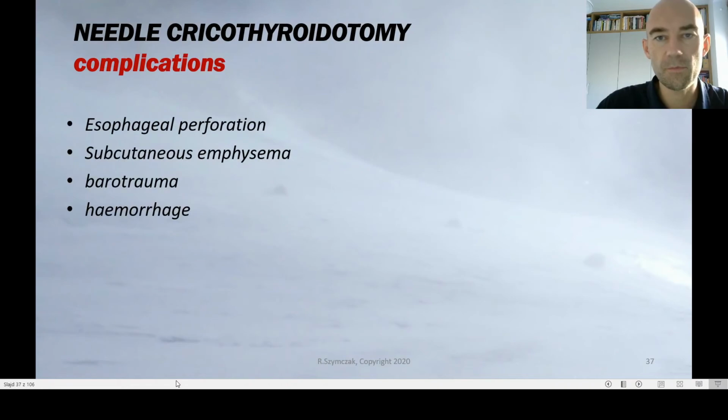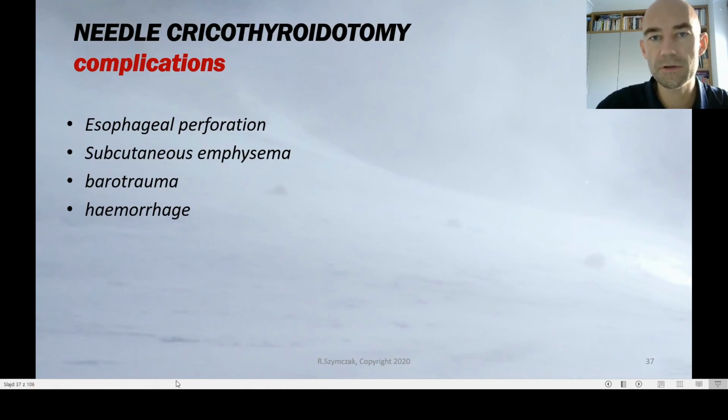And the most important complications of this procedure is esophageal perforation done by the needle that you introduce to the trachea. Then subcutaneous emphysema if you will not get to the trachea but to subcutaneous tissue, and you will push the oxygen to subcutaneous tissue, then you will have subcutaneous emphysema.